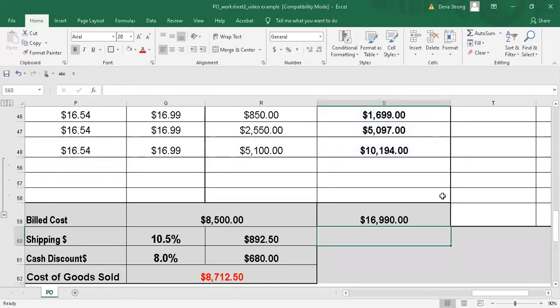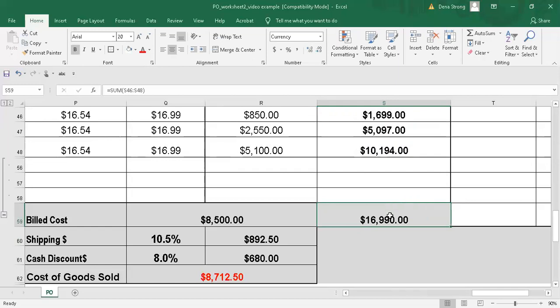So guys, the retail value of our merchandise, so that means when all the hoodies are on the retail floor of our business, this is the potential sales that we can make from selling out of the hoodies. We can make a potential of $16,990 in sales. This is the total retail value of our merchandise upon purchase, all right?